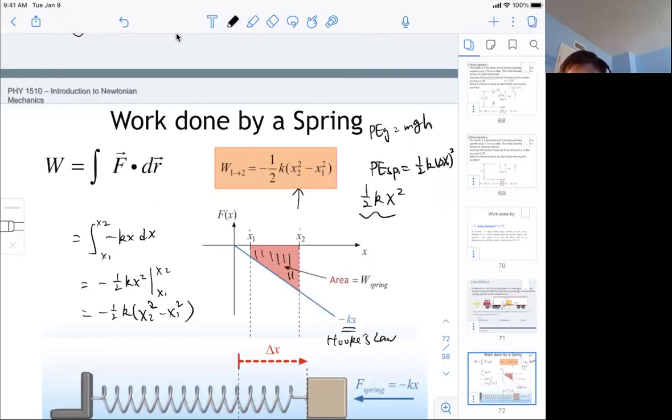So you can view this by either including your spring in your system or not. If you include the spring in your system, you will talk about this change using the change in potential energy that's stored in your spring. But if you don't include the spring in your system, you will look at this as if the spring has done work onto your block, and it's no coincidence that they have the same format. Okay, so that's how you calculate work done by a spring.